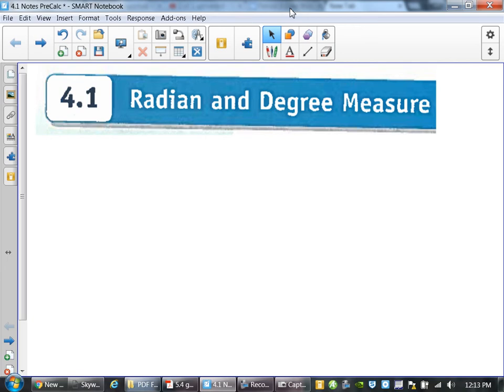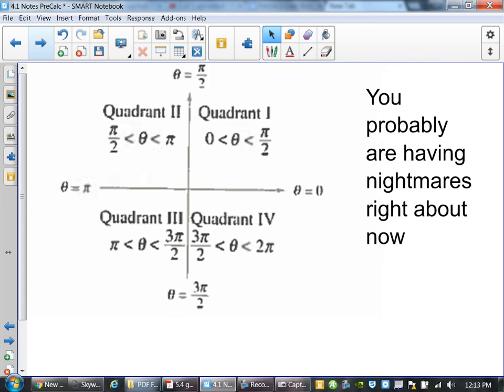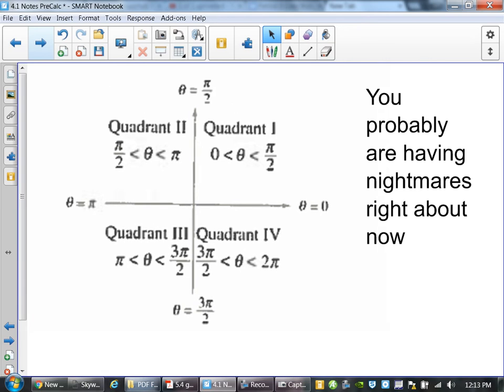So let's look at quadrants and where these come from and how this all works. What I wanted to throw on there right away was going straight into radians. Last year when you had trig, you were introduced to what we call the unit circle. The unit circle went all the way around because it's a circle.